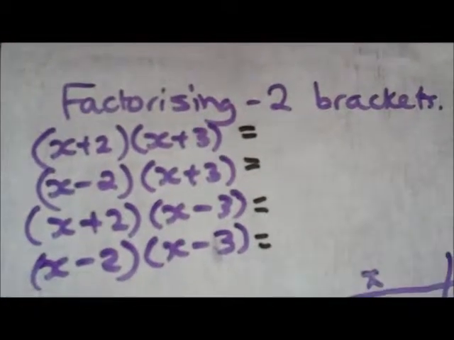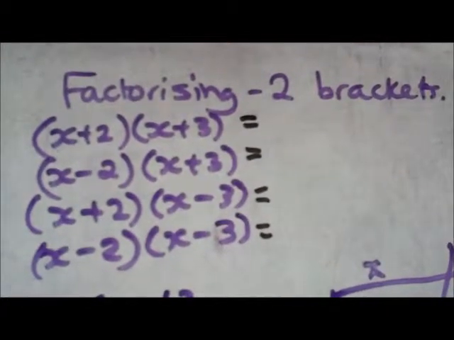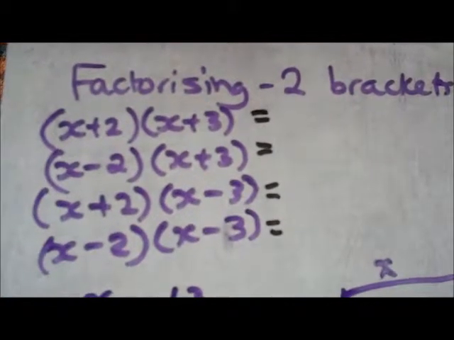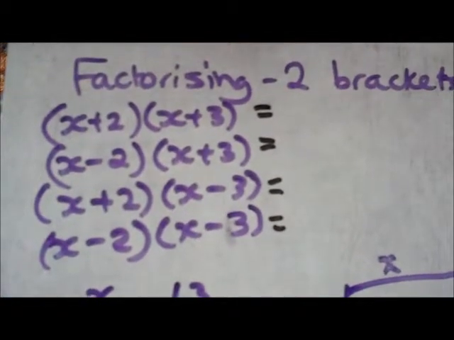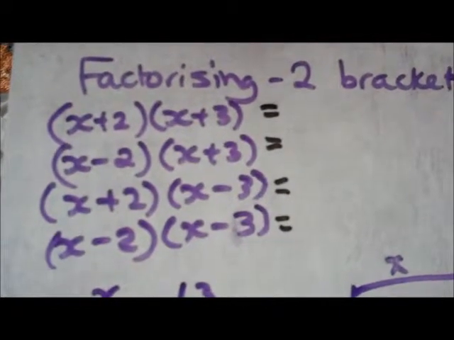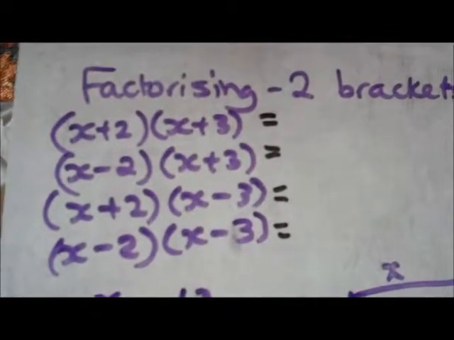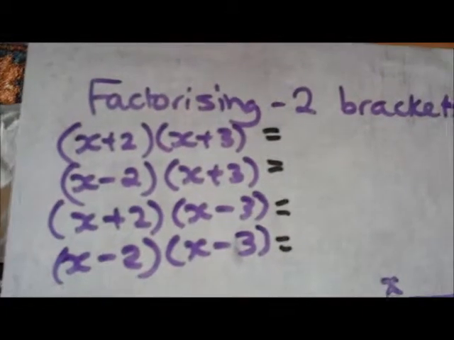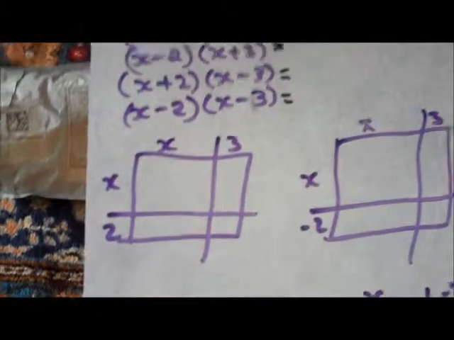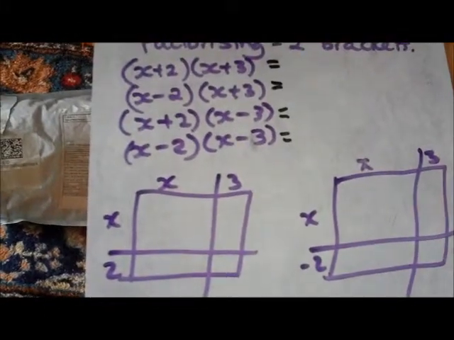Let's have another quick look at some examples of factorising two brackets. So each one of these I have drawn below, so we'll just go through those. (x + 2)(x + 3), (x - 2)(x + 3), (x + 2)(x - 3), (x - 2)(x - 3). Let's see what changing the plus and the minus actually does to the answer. Okay, so let's have a look at the first one. X plus 2 times x plus 3.